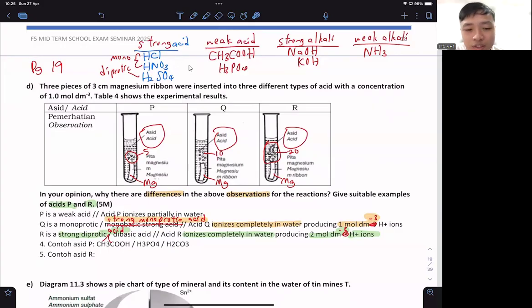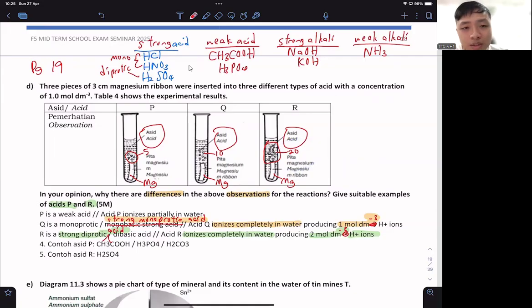Then for R, you can give H2SO4, which produces 2 mole per dm cube. For Q, you can put HCl or HNO3.